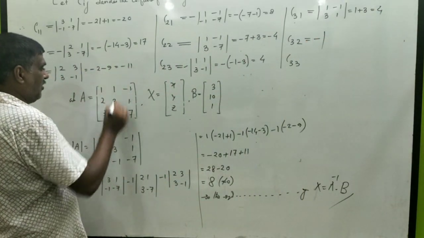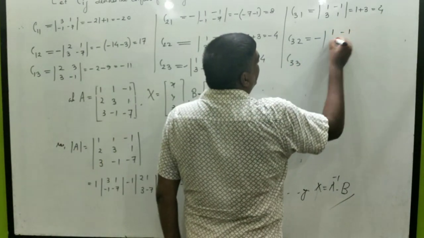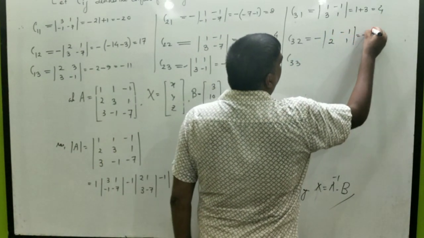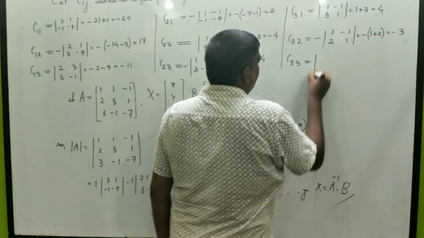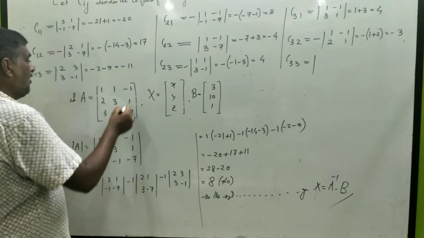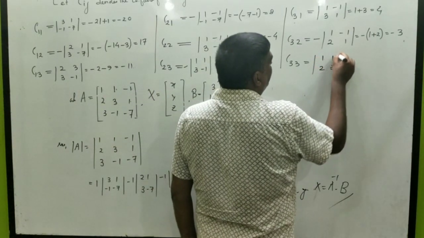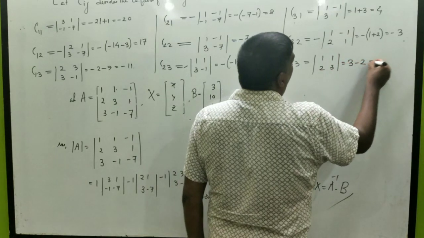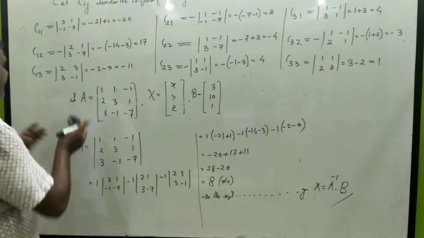Row 3 column 2: 1 minus 1, 2 1, we get 1 plus 2, 3, which means minus 3. Row 3 column 3: 1 1, 2 3, 3 minus 2, that is 1. Clear? So cofactors of row 1, row 2 and row 3 are ready.